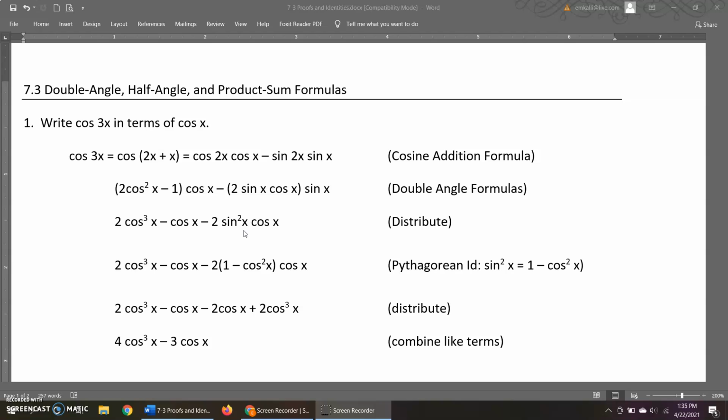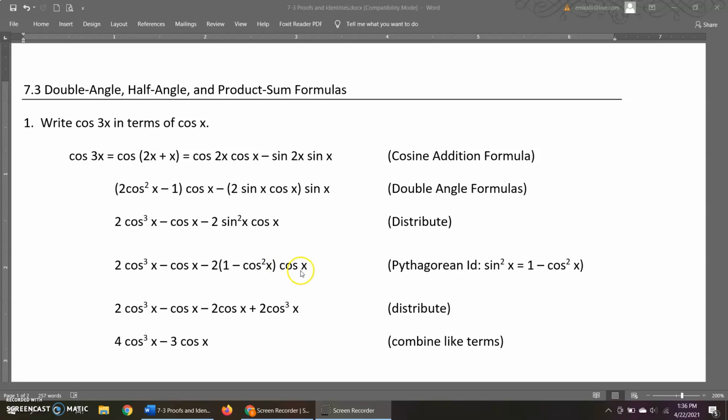Then I'm going to remember that sine squared is part of a Pythagorean identity. And the reason this came to mind is because anytime you see a function squared, think of those Pythagorean identities. And I want to replace the sine with a cosine because, again, we want to get rid of all of the other functions but cosine. So I put in 1 minus cosine squared using that Pythagorean identity.